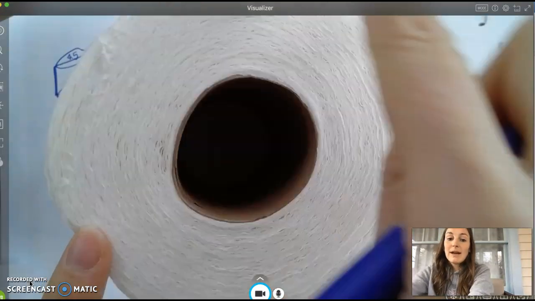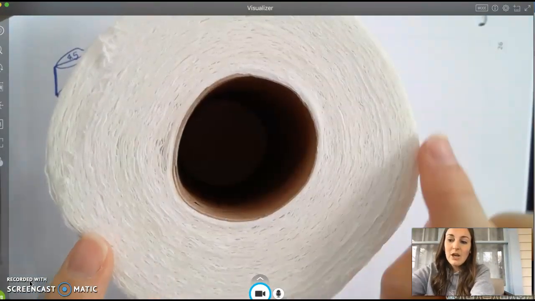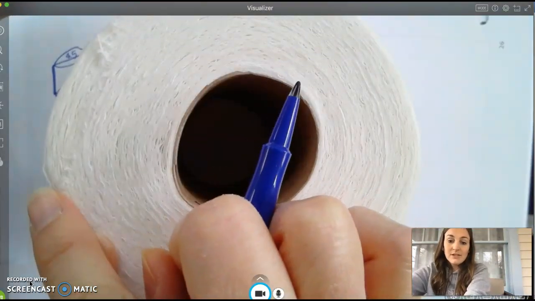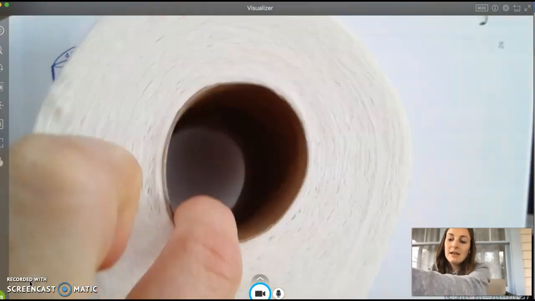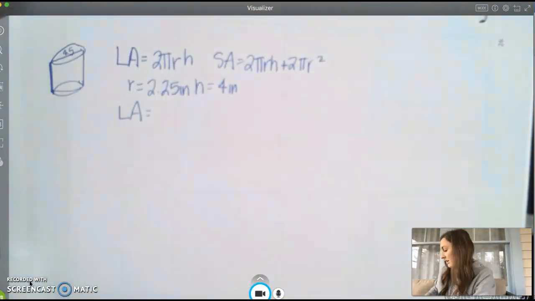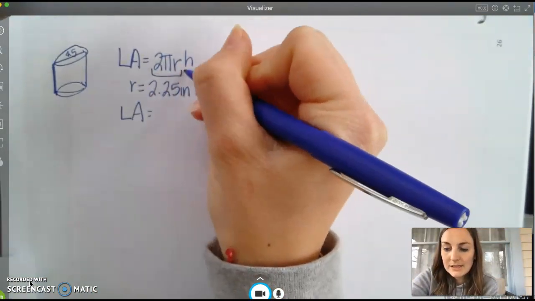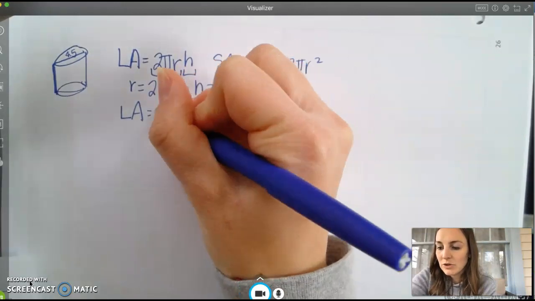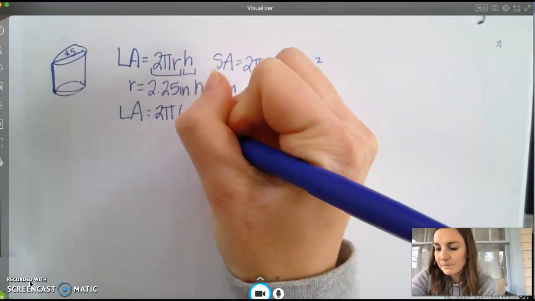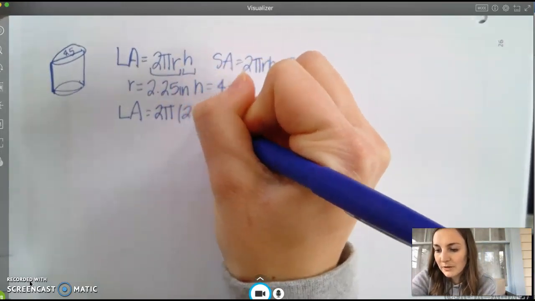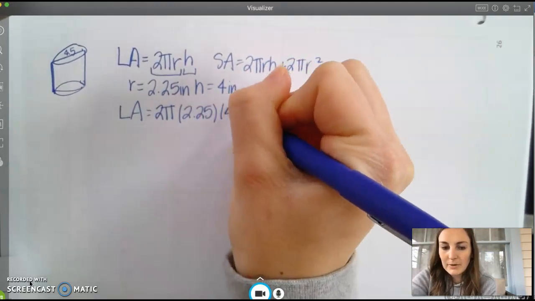So the length is the circumference, and then the height gives me the other side here. So that's why we have 2 pi r. 2 pi r is our circumference, and then we multiply it by its height. So 2 pi times 2.25 times our height, which is 4.